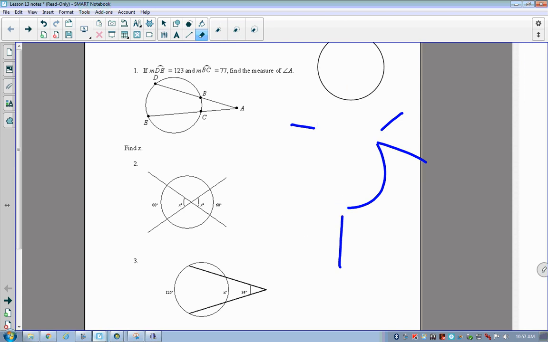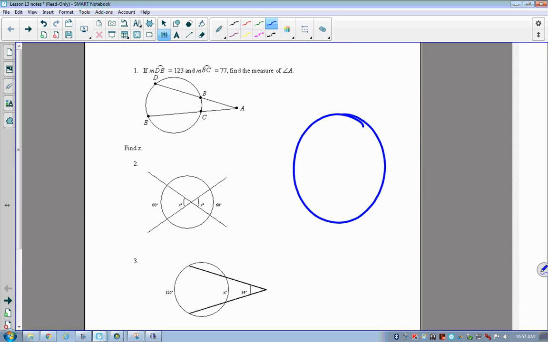So the first thing we want to talk about is if I have a circle and a secant here and a secant here. One thing that you'll notice is that the point of intersection is not always in the middle of the circle, is it? No. Which means a couple of things. Are vertical angles of intersecting lines congruent?